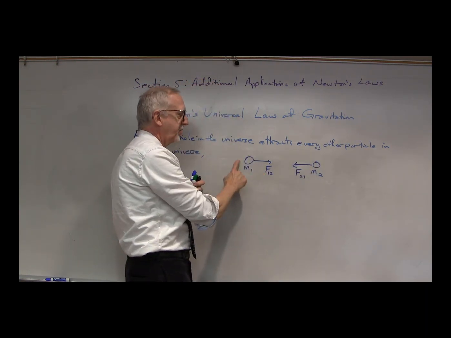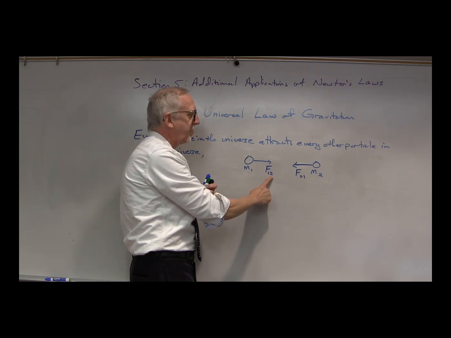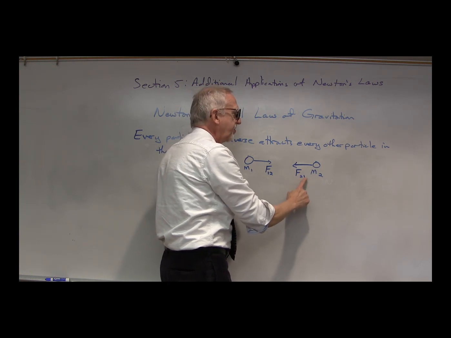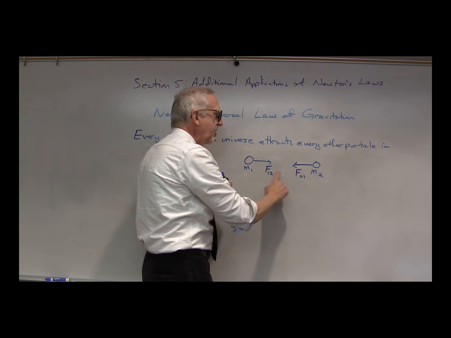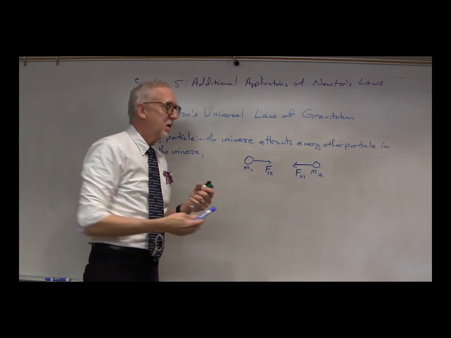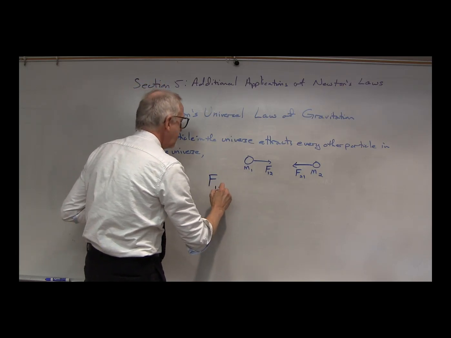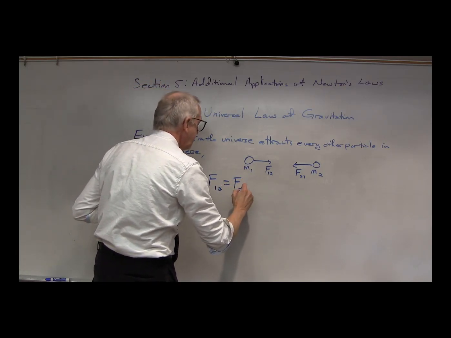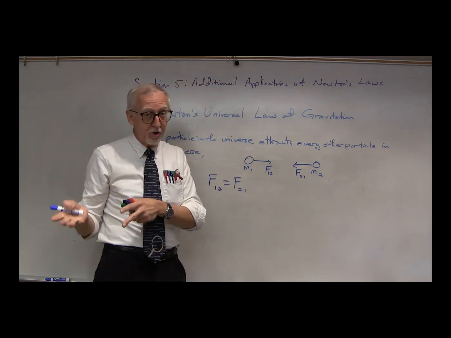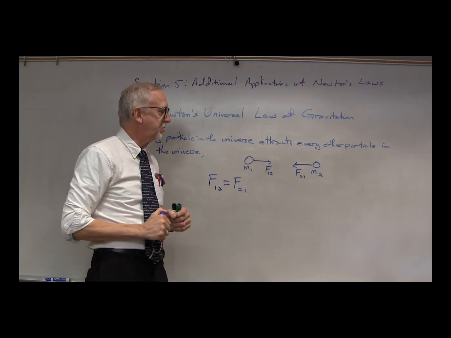We will call the force on m1 F12, the force on particle 1 from particle 2, and F21, the force on particle 2 from particle 1. There is a force of attraction between them. These two forces are equal, F12 equals F21, which we would expect from Newton's third law: for every action there is an equal and opposite reaction.